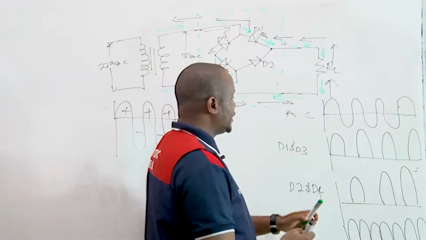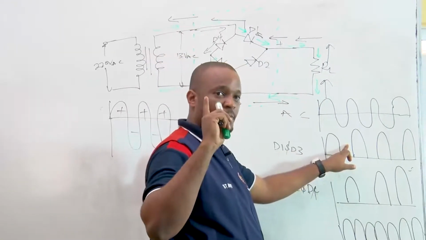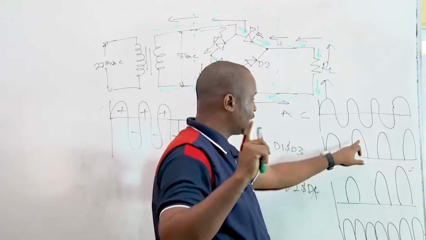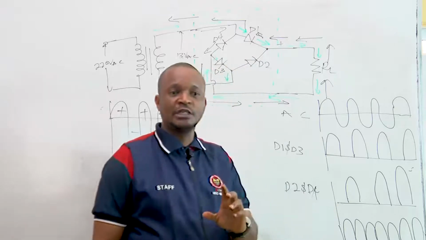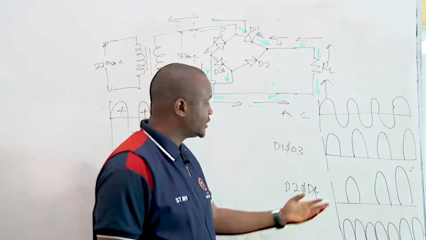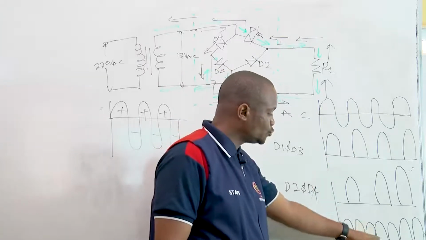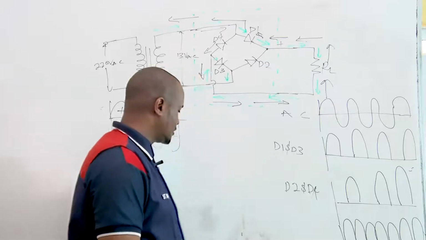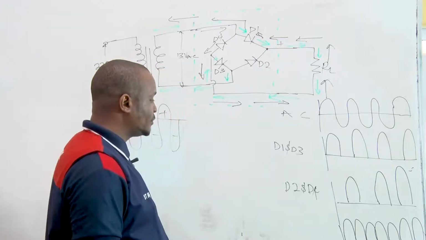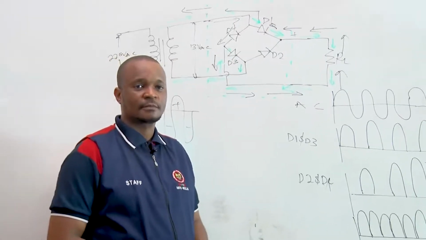So for every gap which we noticed in the half wave rectifier, it has been compensated for in the full wave bridge rectifier. That is, you can add this and this together. You can see now we have a continuous pulsating DC. That is how we make efficient use of the transformer.